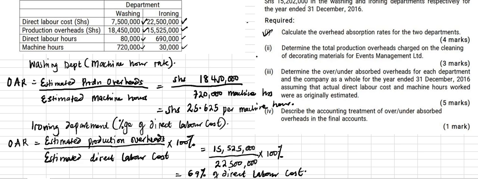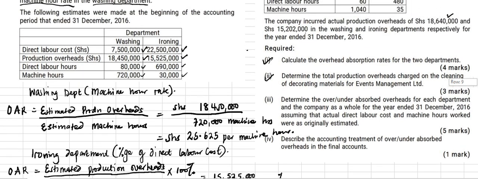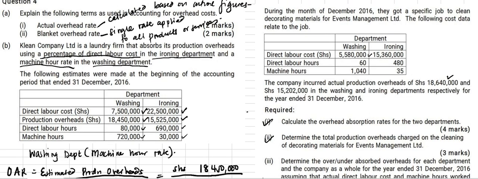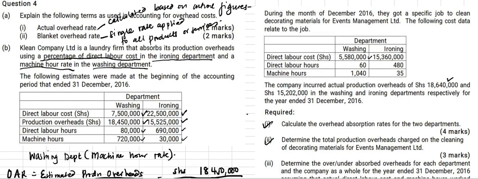Then Roman 2, determine the total production overheads charged on the cleaning of decorating materials for Events Management Limited. Remember, the company got a specific job to clean decorating materials for Events Management Limited, and this is the data that relates to the job.